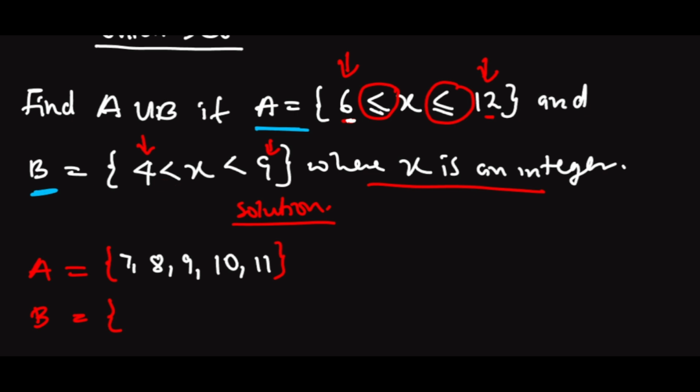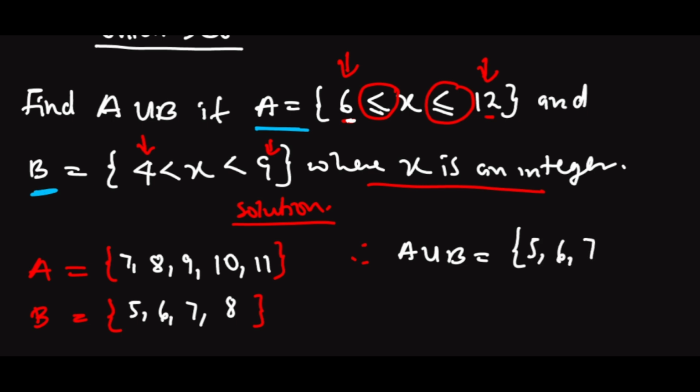So you're going to have 5, 6, 7 and 8. Therefore, our A union B is going to be equal to 5, 6, 7, 8, 9, 10 and 11.